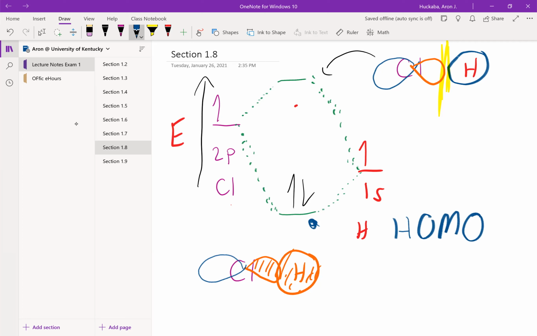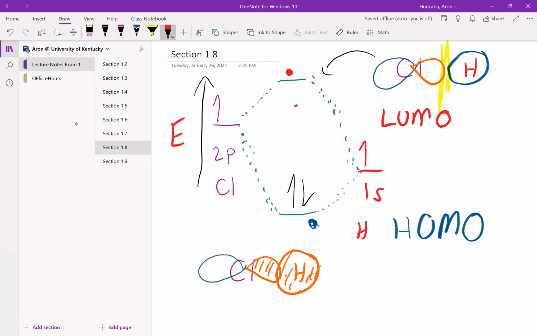And conversely, the high energy state up here is the lowest unoccupied molecular orbital, the LUMO. So in molecular orbital theory, you have the HOMO and the LUMO, and those are what drive chemical reactivity in a molecule.